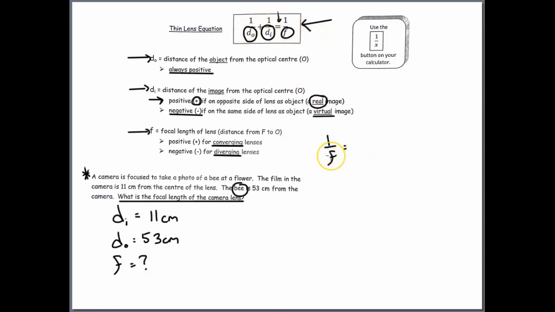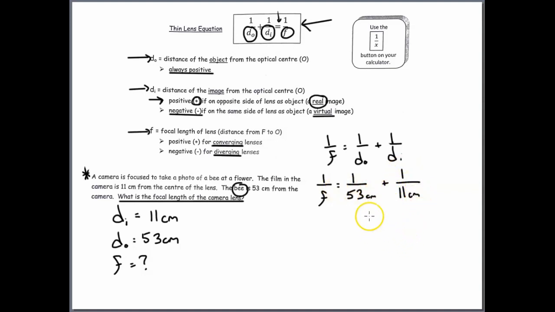I like to put what I'm solving for on the left-hand side. That's just a habit of mine. It's 1 over dO plus 1 over dI. Okay, so we can substitute what we know. dO is 53, so 1 over 53 centimeters plus 1 over dI, which is 11 centimeters.